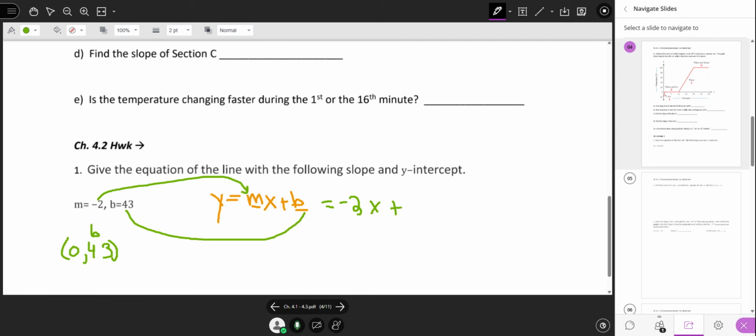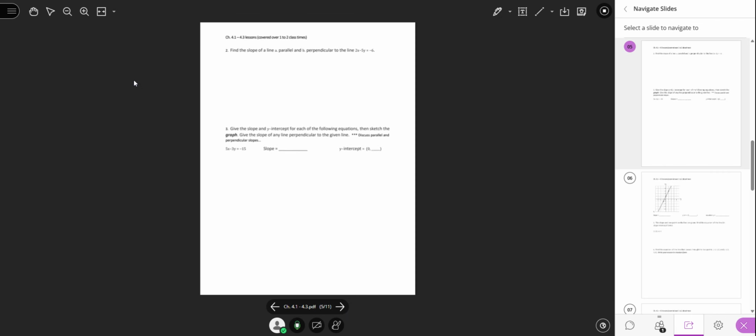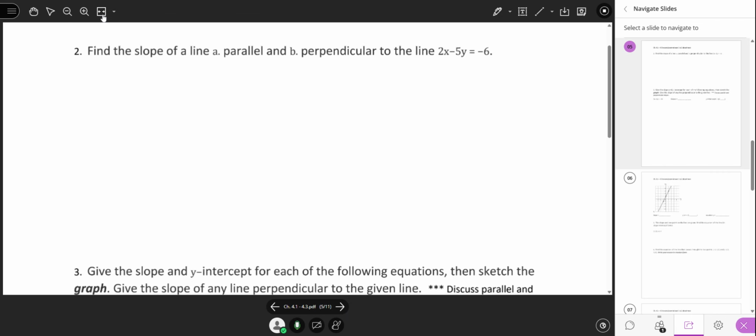Since b is positive, put plus. If b was negative, you would put a minus there. And that is all there is to that problem. Literally. It is the easiest problem in the world. So if you miss it, slap your hand, because you should not miss that one. Just saying.